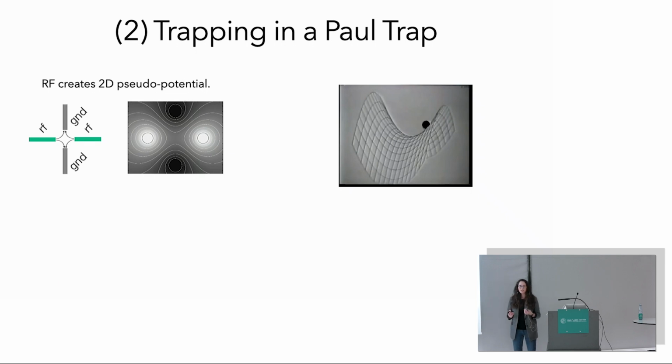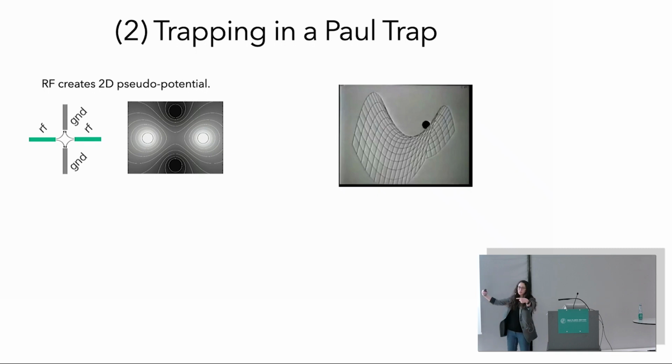And just like in that figure, your ion is trapped at that central location, what we call the RF null. We do that in the general case by using a 4-rod trap where 2 electrodes are RF and 2 electrodes are ground. So you create this pseudopotential, this time-averaged potential that traps the ion right at the center here.